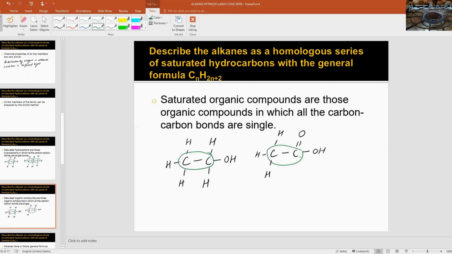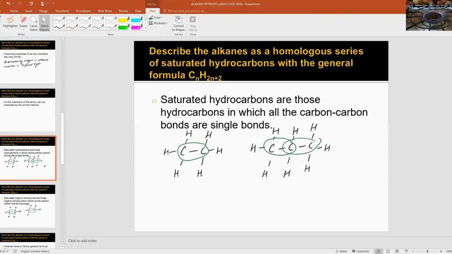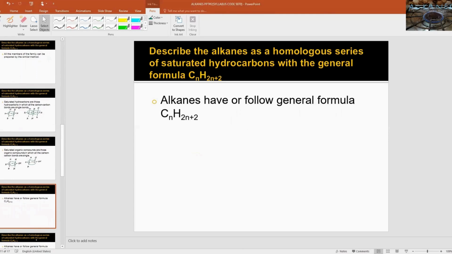Here the learning outcome is pointing to alkanes being saturated, or containing carbon-carbon single bonds. Now let's see the formula of other members of alkanes.